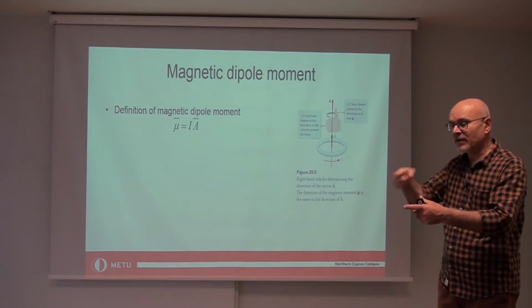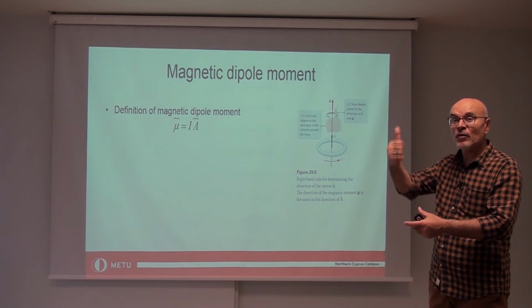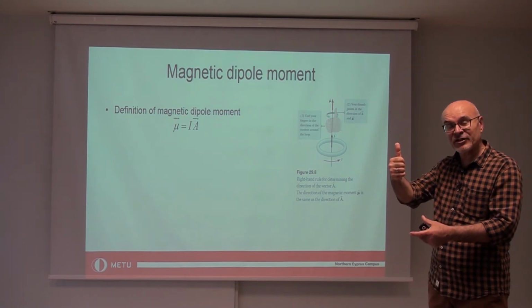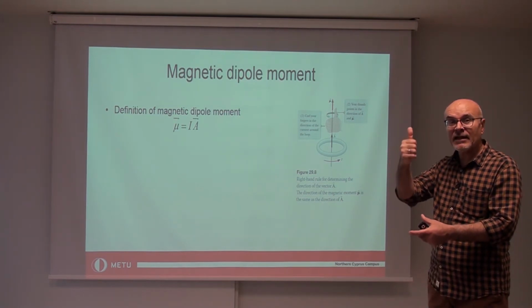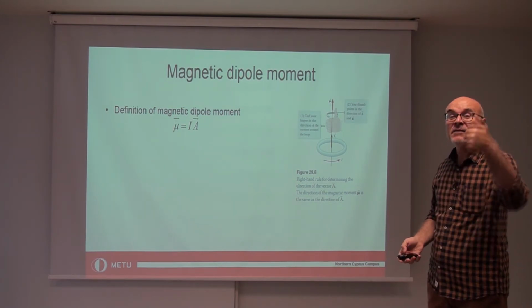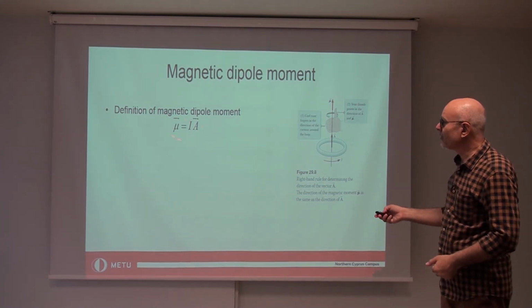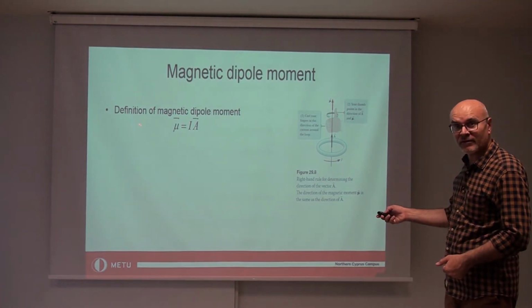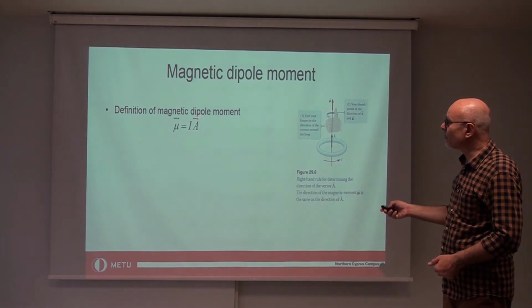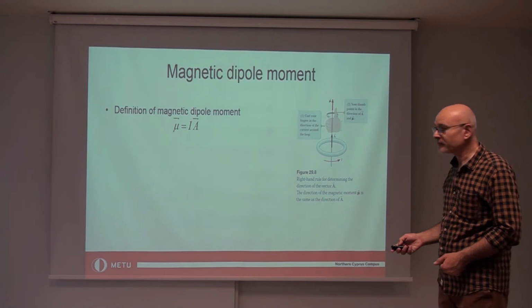You have a loop, there is a current flowing, you let your right-hand fingers flow in that direction. Your thumb will give you the direction of the area vector in this case, which is the same as the direction of the magnetic dipole moment, okay? So mu vector is equal to current multiplied by area vector in this case.